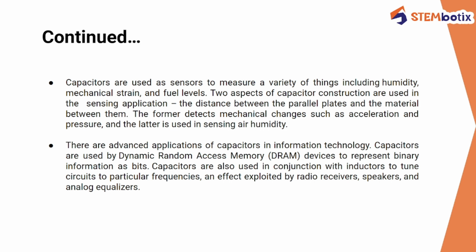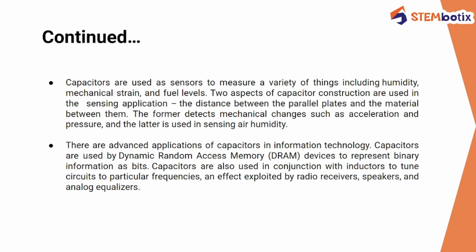Meaning if the construction is based on the distance between the parallel plates, then it detects mechanical changes such as acceleration or pressure. And if it is built in a way that the material is the main focus, then it is used in sensing air humidity.